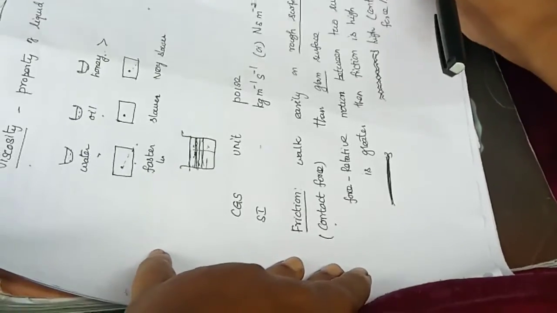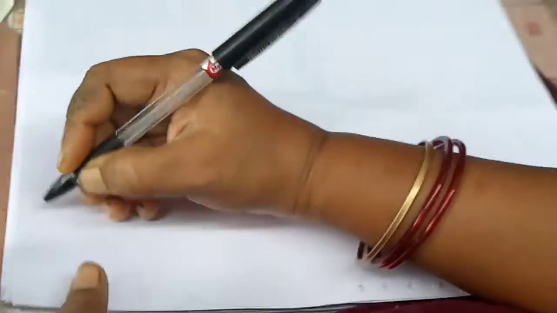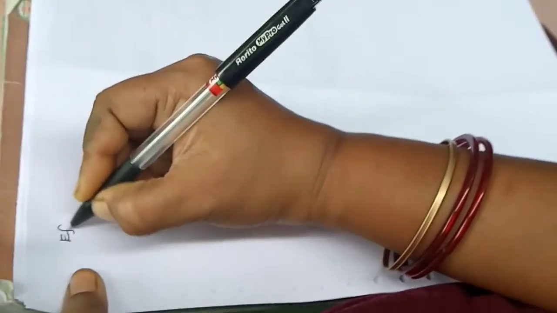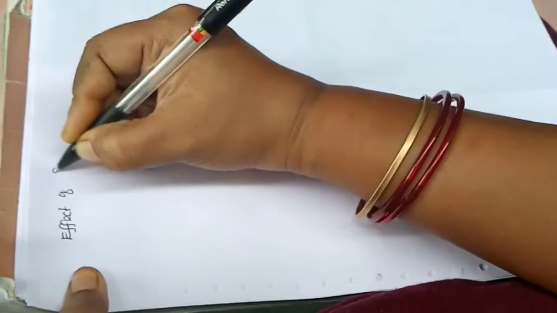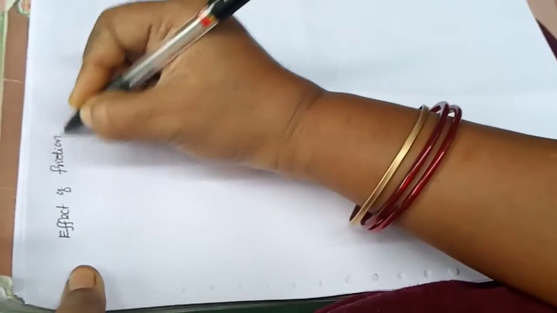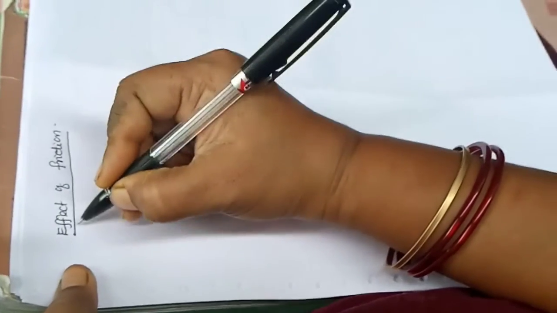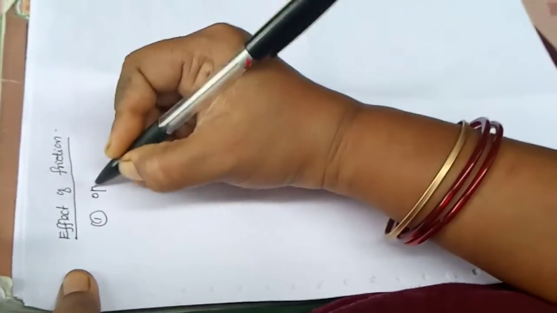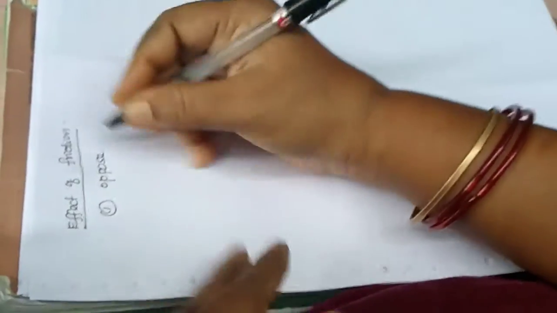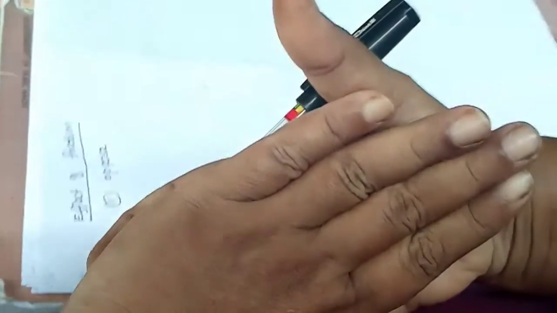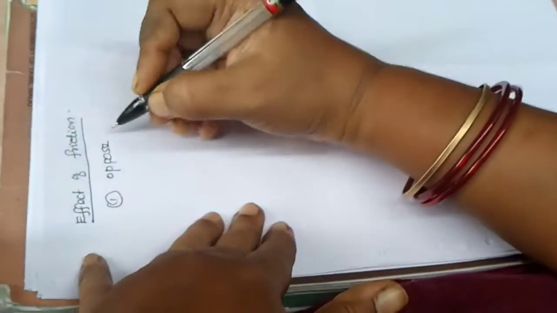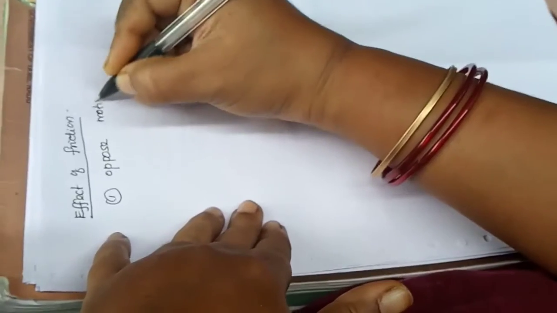Okay, now what are the effects of friction? Because of friction, it opposes the motion. When two surfaces are in contact, there is no motion. That's why I said it opposes and stops the motion.